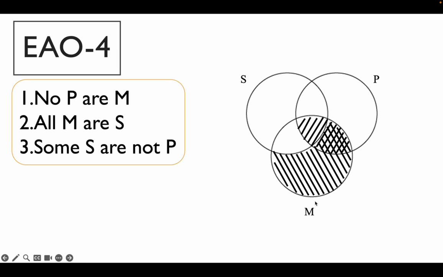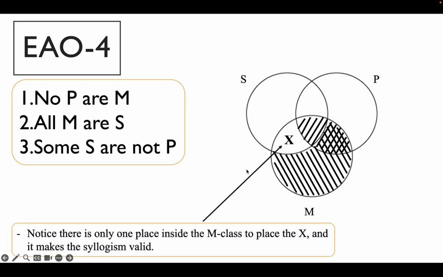So what about M? Am I allowed to make an existential assumption for M? Well, only if there's only one place to place the X. And as you can see, there is only one place inside the category M right here. Consequently, EAO is conditionally valid. Okay?